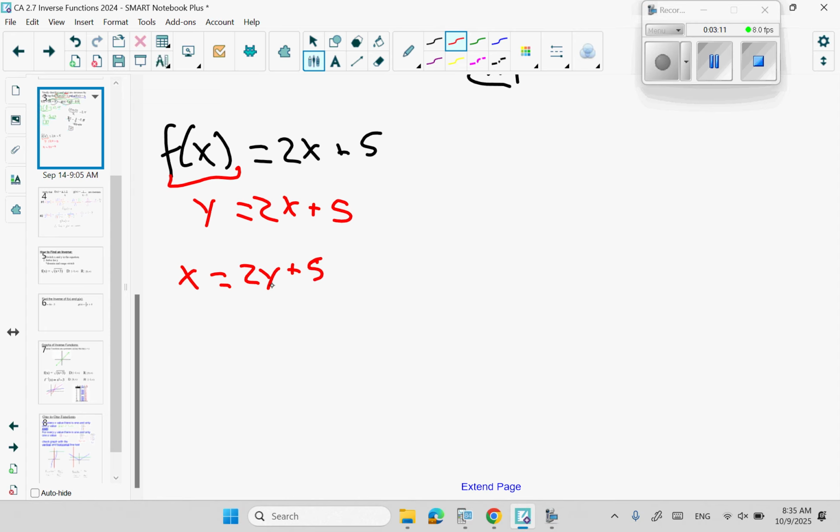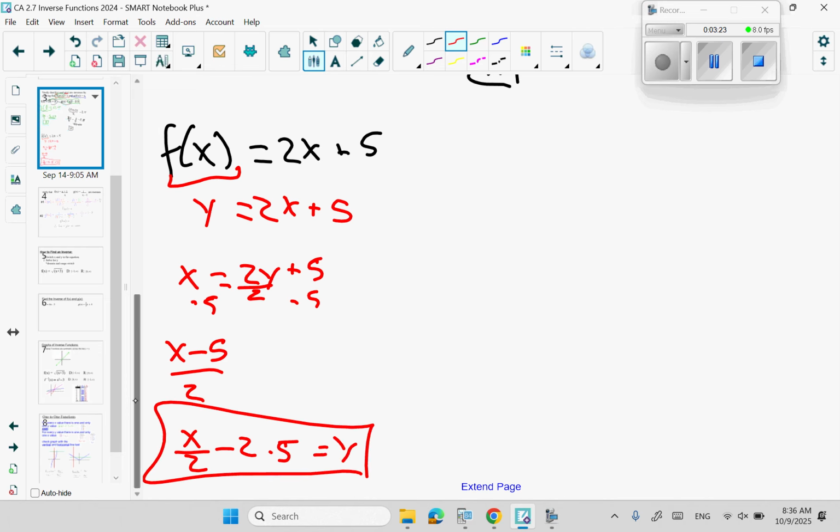And I can solve for y. So minus 5, divide by 2. We get x over 2 minus 2.5 equals y, which is exactly g of x. So because my f of x inverse is g of x, I should check if my g of x inverse is f of x. So either way, we can verify inverses, either through f of g or finding both inverses manually.